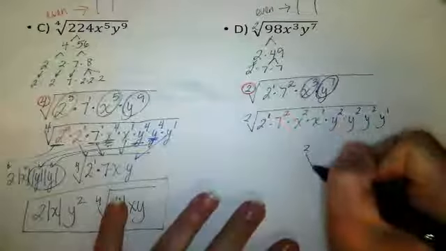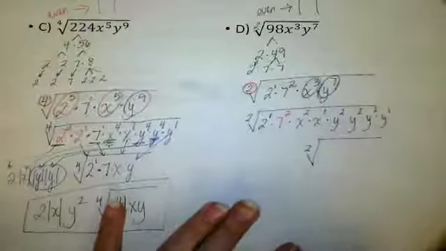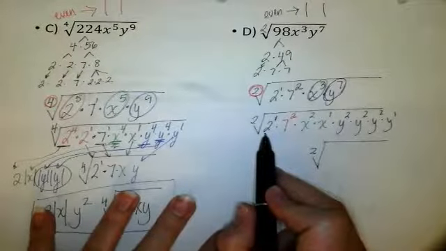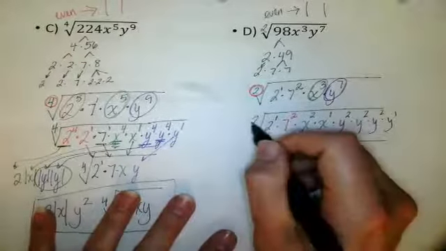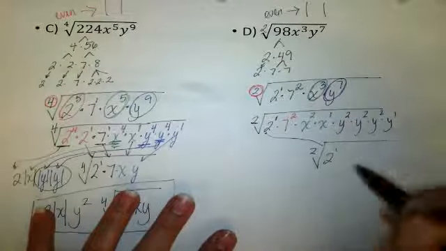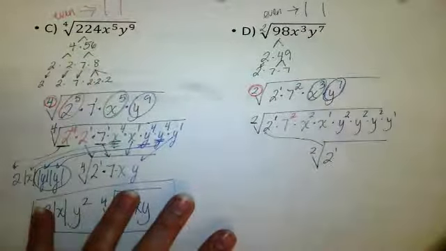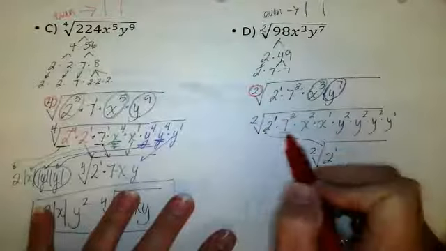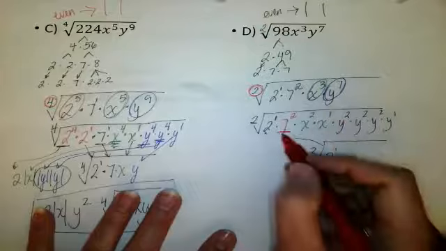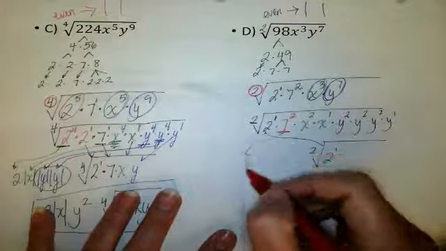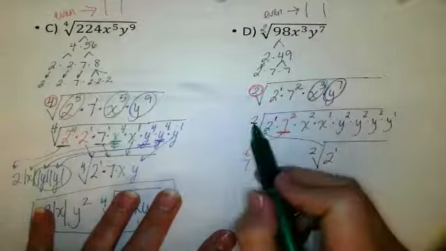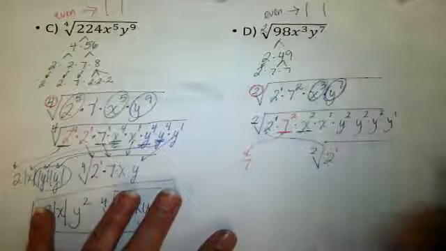And so now we can see what escapes and what stays. What should I do with 2 to the first? That one stays inside. What's the square root of 7 squared? 7 comes out. What's the square root of x squared?